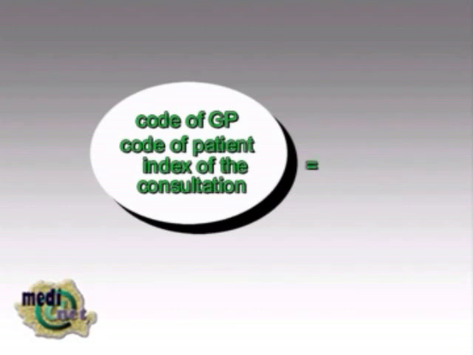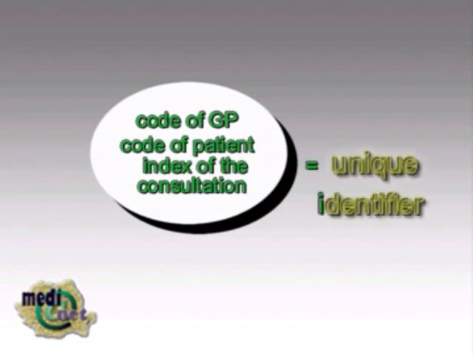The code of GP, used together with the patient code, shapes a unique code. To retrace an episode, it was needed to connect every registered element of the consultation with patient data, so 3 identifiers were used for an episode: the GP code, the patient code, and the index of the consultation.